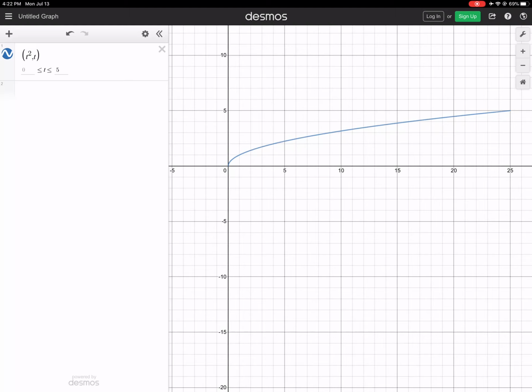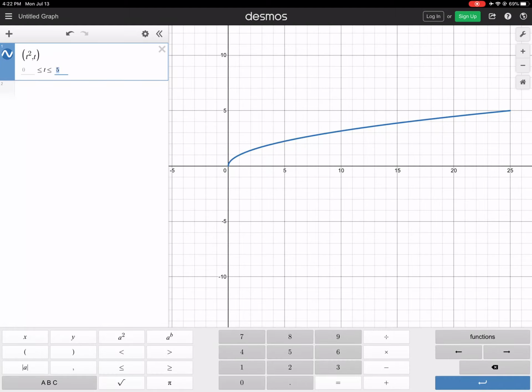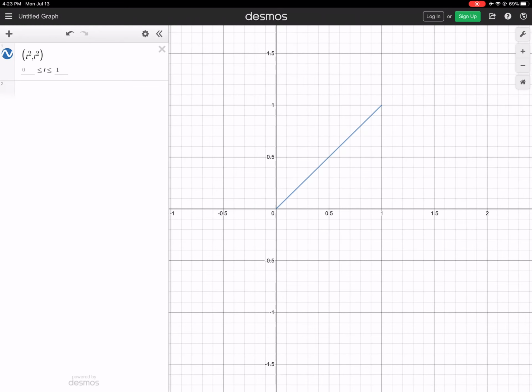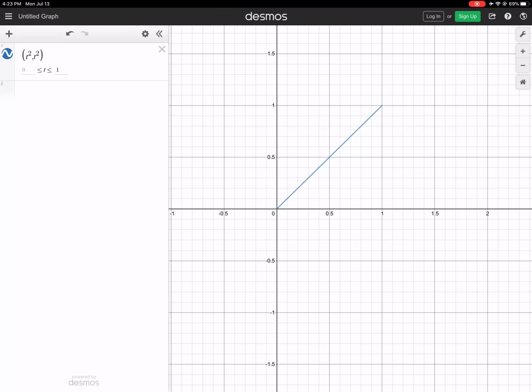But I really didn't want to do that. I wanted instead, let's see, I was at 1. But I want to go instead to t squared in the y-coordinate as well. And something very interesting happens. I get this straight line. And you think, well, how is that?